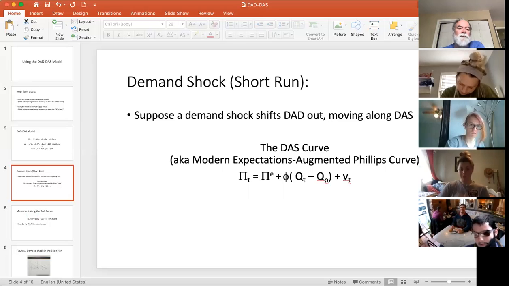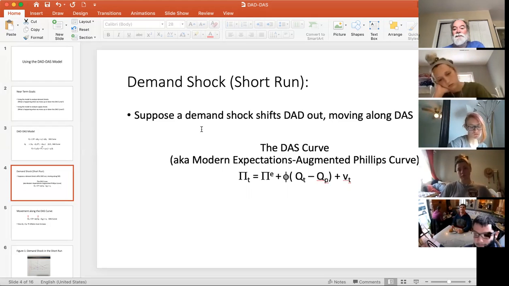So there's a positive demand shock. Maybe it's an increase in export demand. The DAD curve shifts out, which means we are moving along the DAS curve.